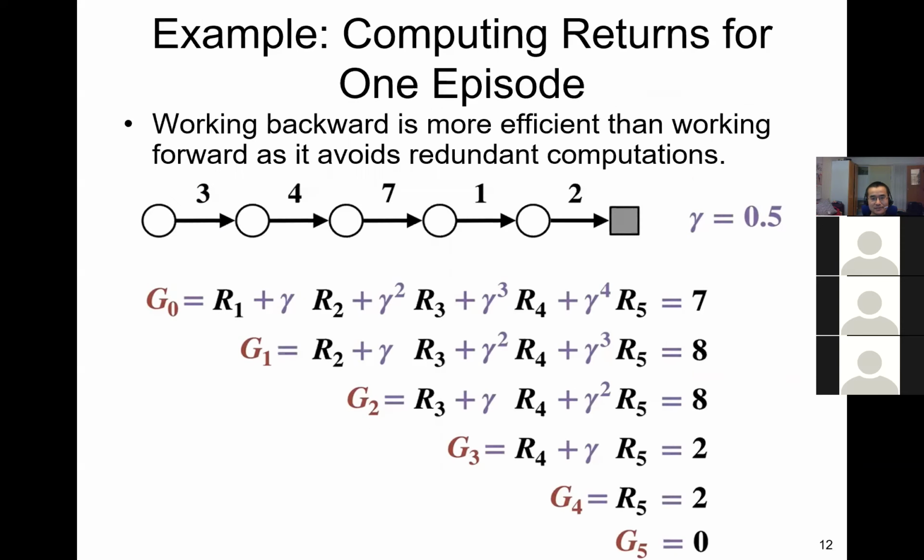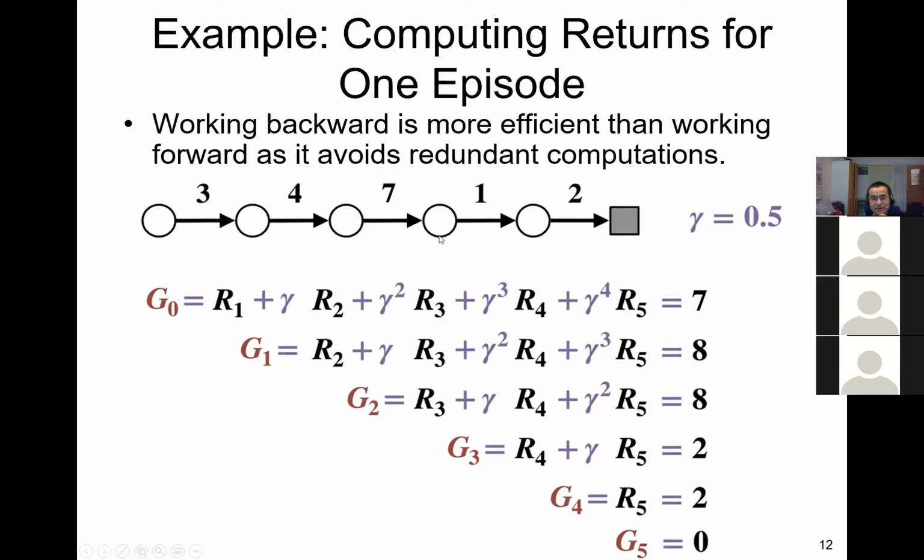Oh, okay. The edges are labeled with the rewards on every transition. So okay. The last one is 5. G5 is 0. The next one is G4. It's reward 2, that's the only reward of 2.